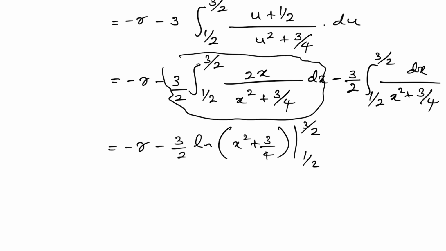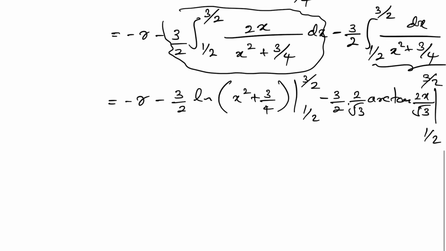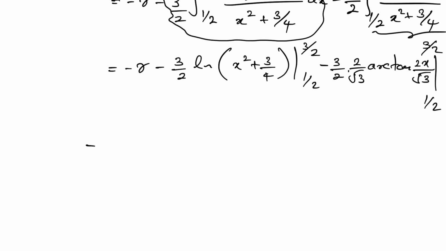And here we have minus 3/2 times, and this one we know is arctan. So a we know is the square root of 3 over 2, so 2 over the square root of 3, and here arctan of 2 times x over the square root of 3, limits 1/2 to 3/2.